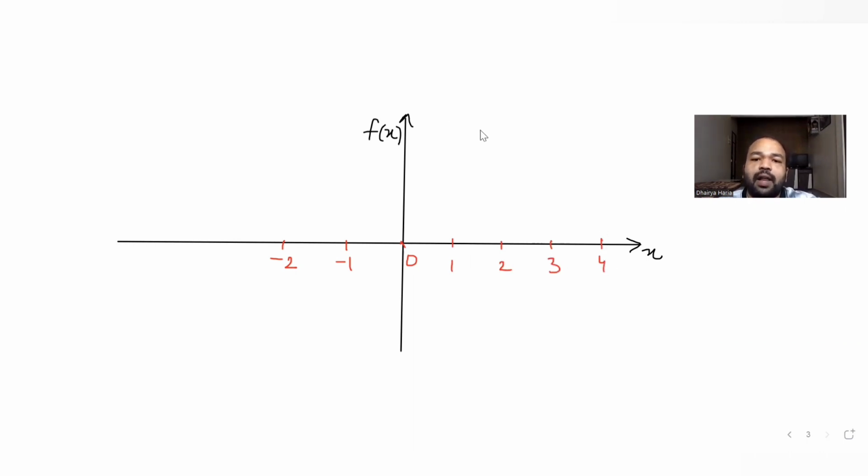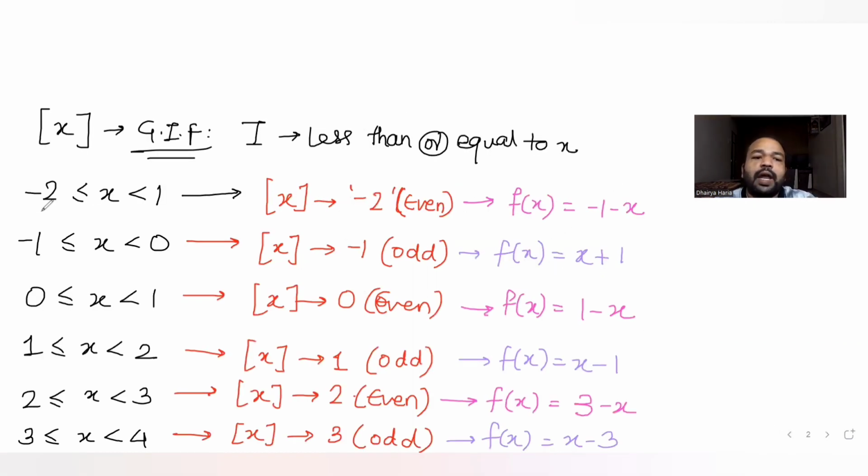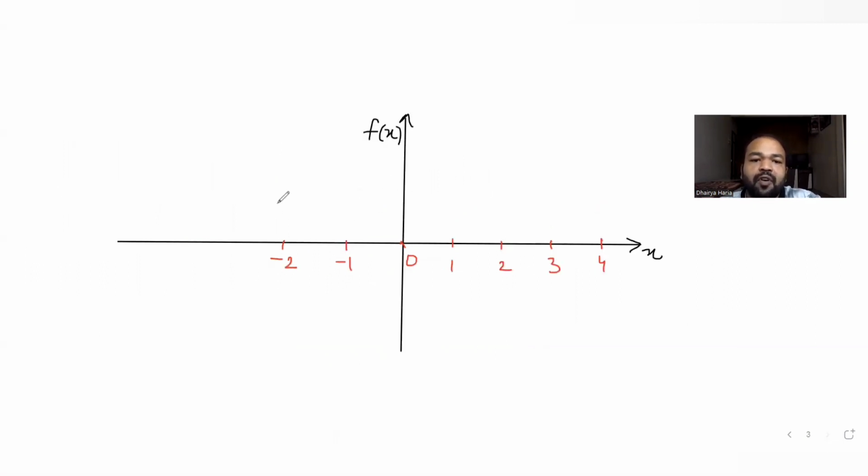Let's understand what the values of f of x turn out. So if I plot this graph for x from minus 2 to 1, we know it is minus 1 minus x. So if I put the extreme value here, that is minus 2, it's going to become minus 1 minus minus 2. So minus 1 plus 2, that makes it 1. So f of x turns out 1. Let's say this is 1. F of x turns out 1 when your integer value becomes minus 2.